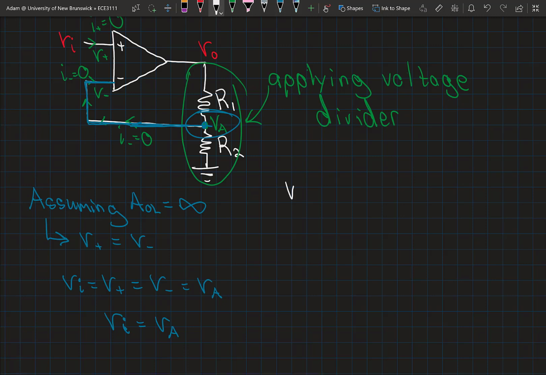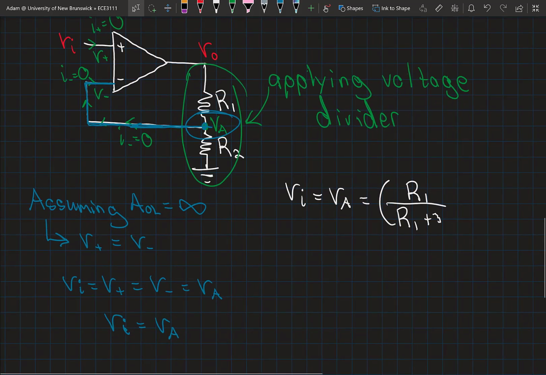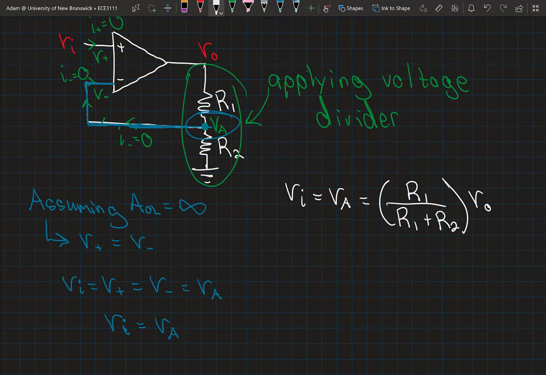Okay, so let's again say that the input voltage is equal to the voltage at VA. The voltage VA can be calculated as the resistor R1 over R1 plus R2 times the voltage that's applied to the top of that voltage divider, which is the output voltage.